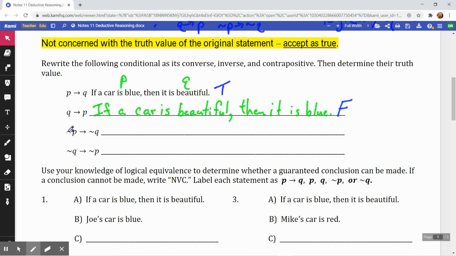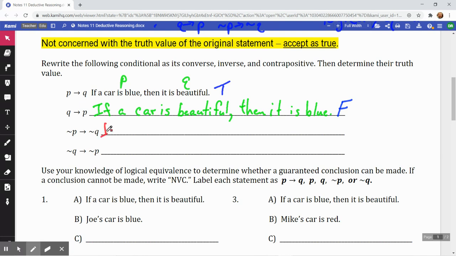All right, so we try the inverse then, and remember the inverse. The tilde, the little squiggle here, just means use the opposite of what was stated. So the opposite of P, ending with the opposite of Q. P is a car is blue, so the opposite would simply be a car is not blue.